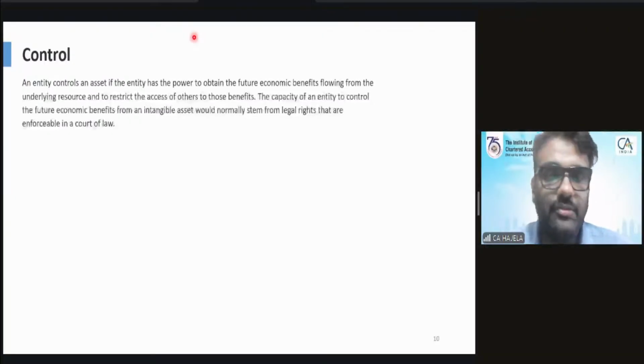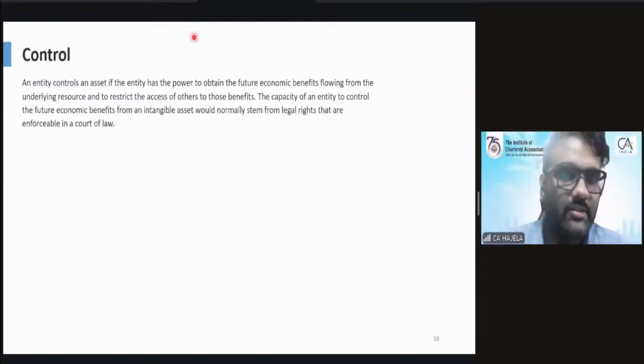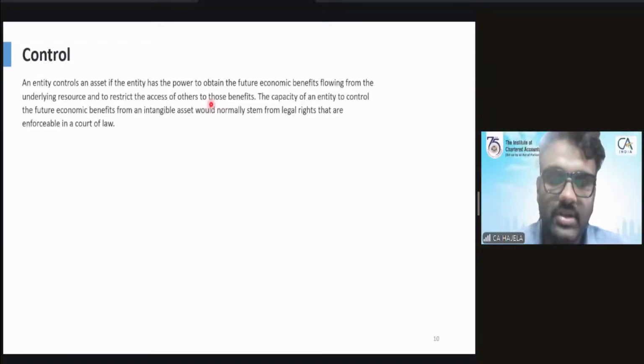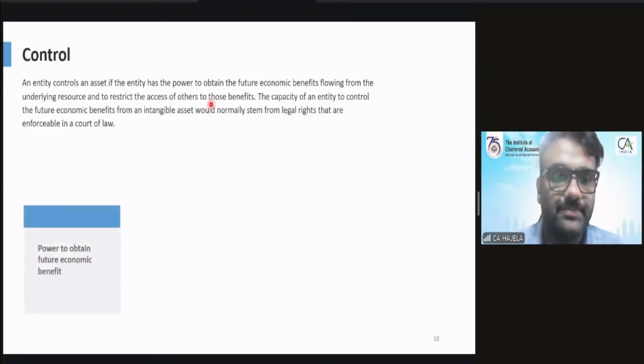So if any company has made an AI based chatbot or any such thing, which qualifies under other aspects as well, which we'll be studying in research and development, then we have the control not only to use it, but also to restrict the access of others. So that is an important characteristic of control.